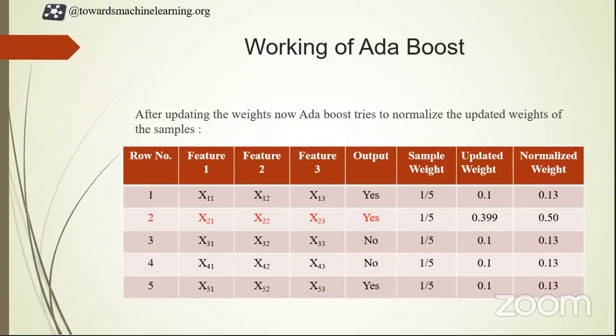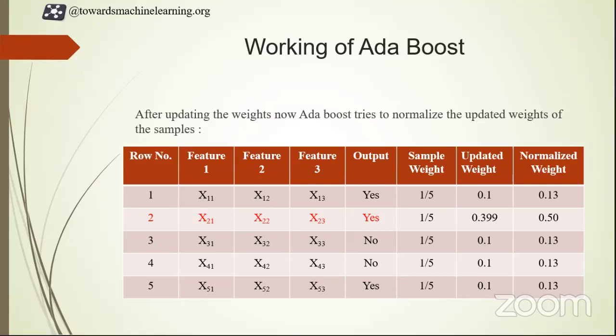We calculate the sum of the updated weights first, and then divide each updated weight by this total sum. Then you will get normalized weights. This normalization is very important after updating the weights.